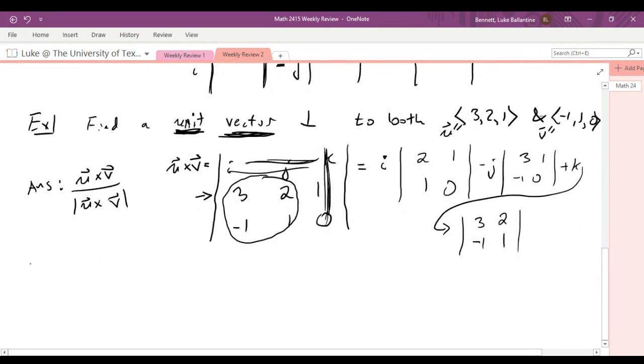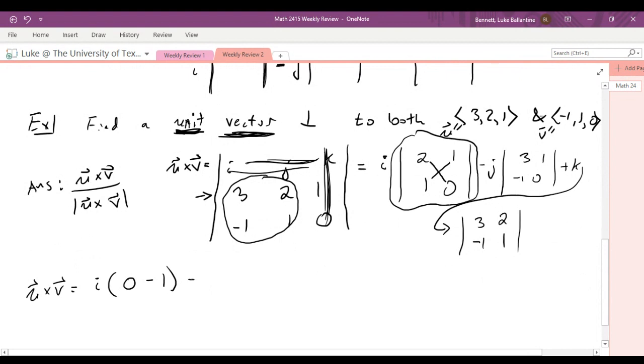All right, so that means U cross V is equal to I times this 2 by 2 determinant. We evaluate this: we have 2 times 0 minus 1 times 1. 2 times 0 is just 0, minus 1 times 1 is just 1.